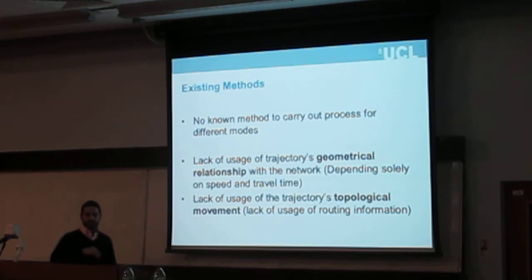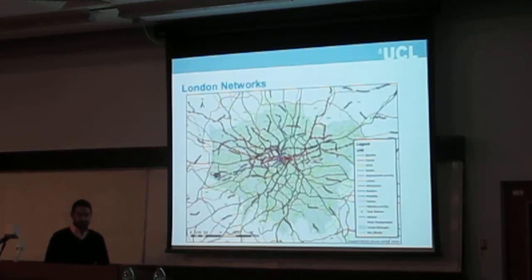So the detection of the correct network was based on speed or travel time on the network. There was also a little bit of disregard to topological movement. The movement or routed information of every network wasn't really used a lot to address that problem. So that's obviously what we're going to tackle.